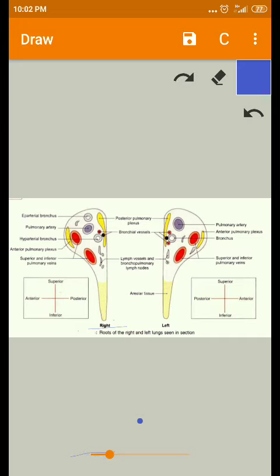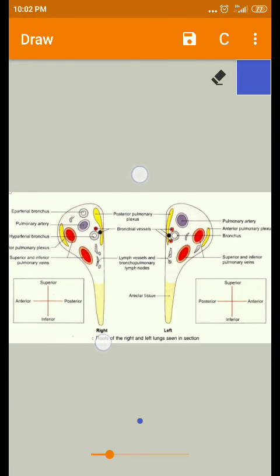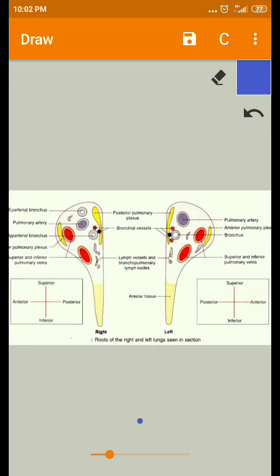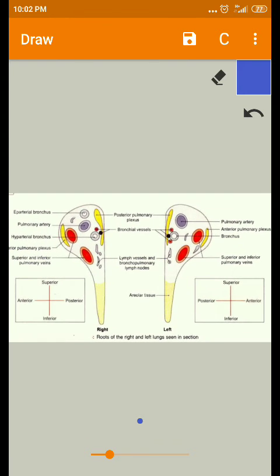Next, what are the structures passing through the root on the right side as well as the left side? First of all, we'll see what is meant by root. It is a short, broad pedicle which connects the medial surface of the lung to the mediastinum.